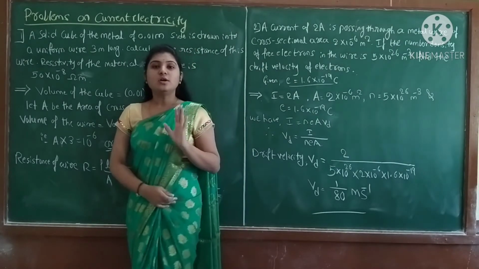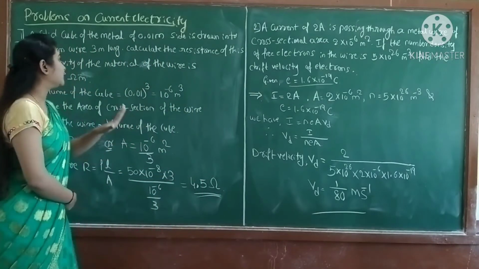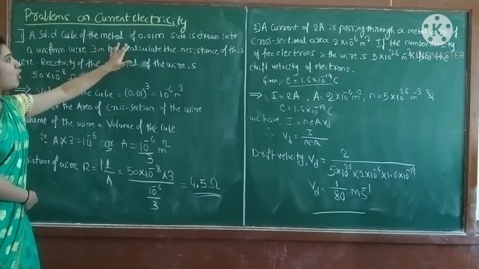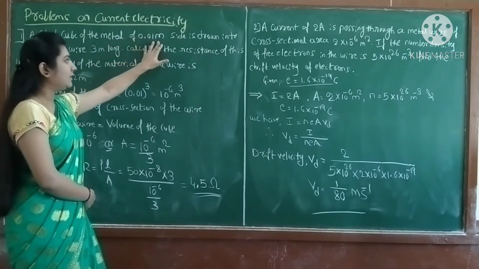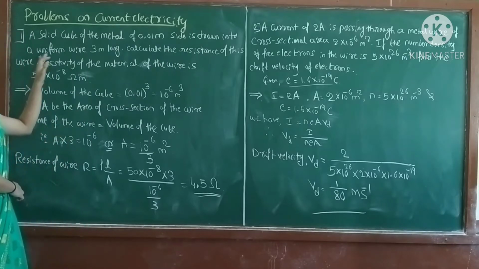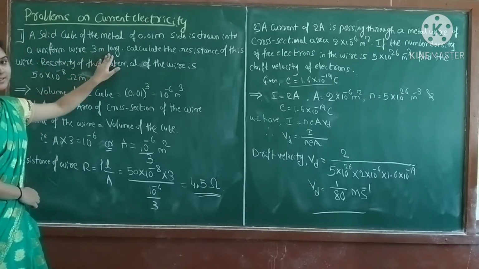The first problem I took is: a solid cube of metal of 0.01 meter side is drawn into a uniform wire 3 meters long.